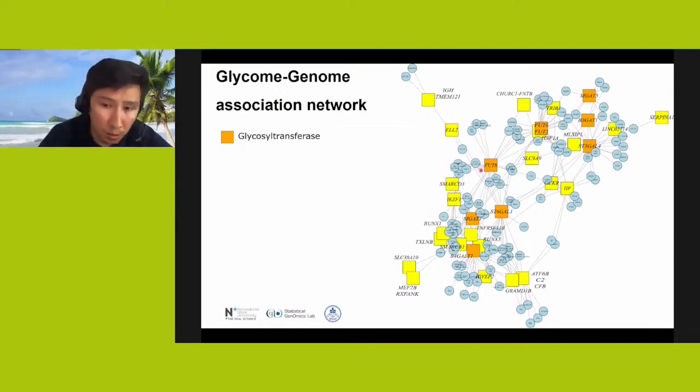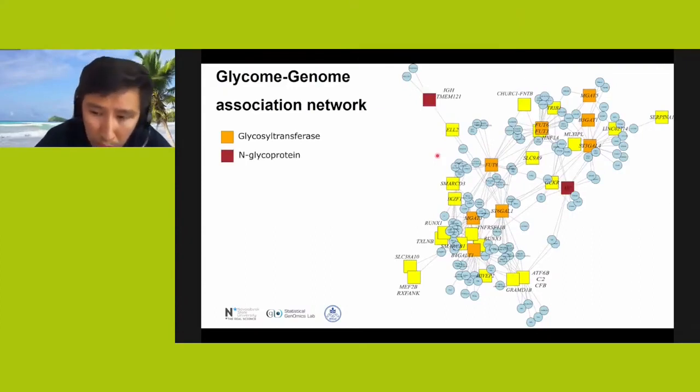We know these enzymes, we know their enzymatic activity, and as a proof of principle, we see that the biochemical structures of the N-glycan traits associated with each of the glycosyltransferases are in line with the enzymatic activity of these enzymes.